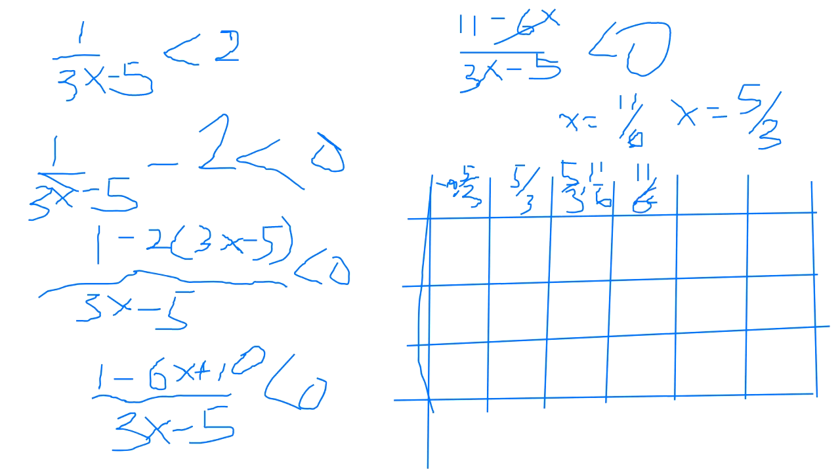Then we go 11 over 6 to infinity. Then here we are going to have 11 minus 6x, 3x minus 5, then f(x).